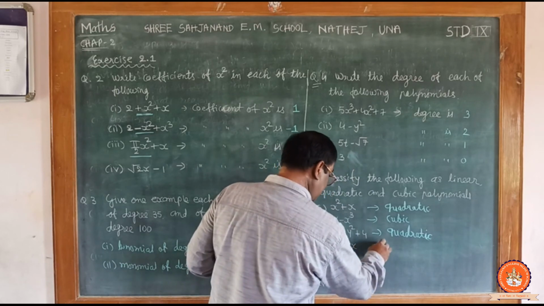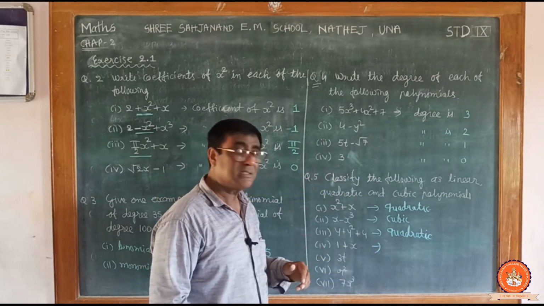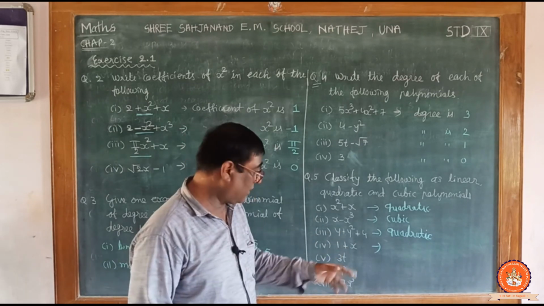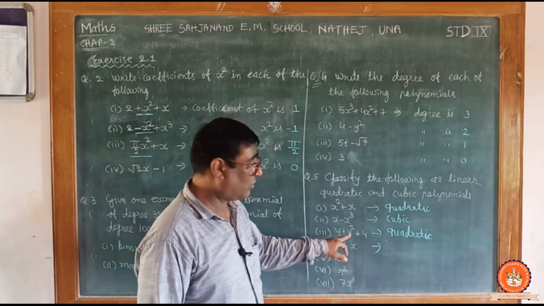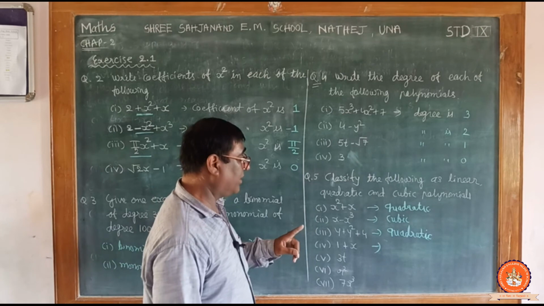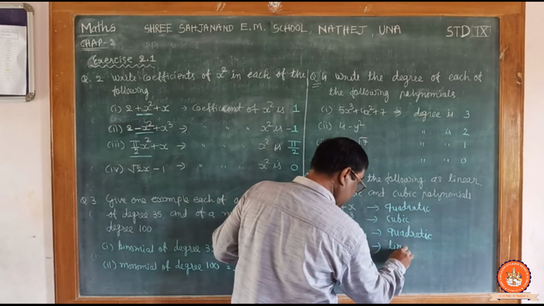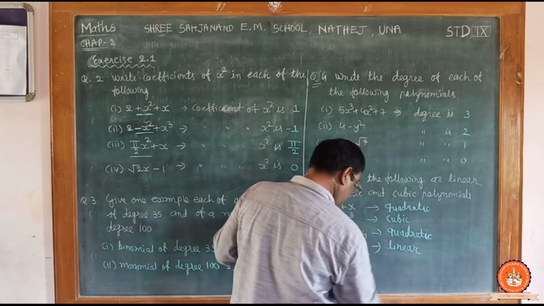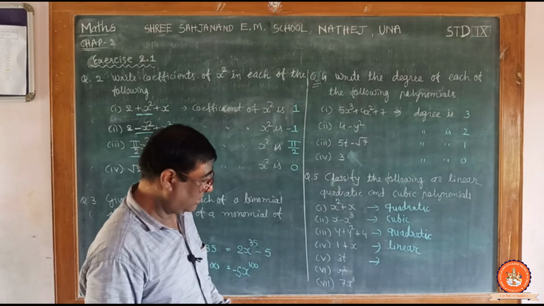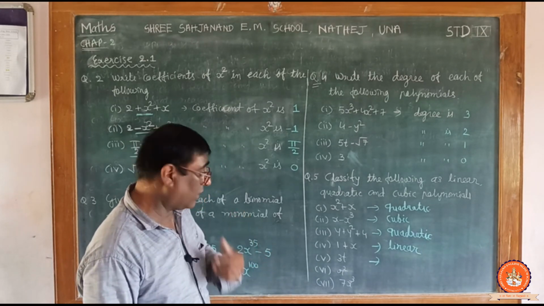Okay. Then the next one is 1 plus x. See, the highest exponent of the variable is 1. So a degree 1 polynomial is known as a linear polynomial. Okay. 3t, only one term, and the variable has only one power.